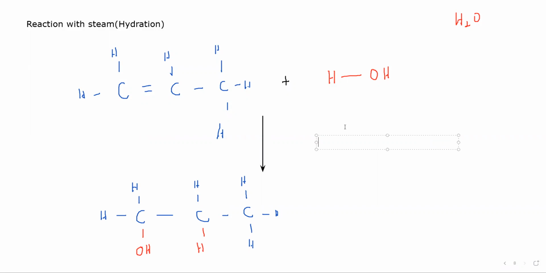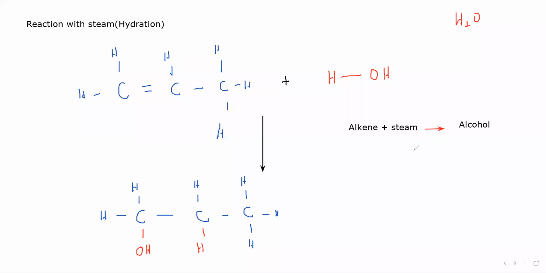So if we write a general equation, alkene plus steam results in the formation of alcohol. This is one of the ways of making alcohol.